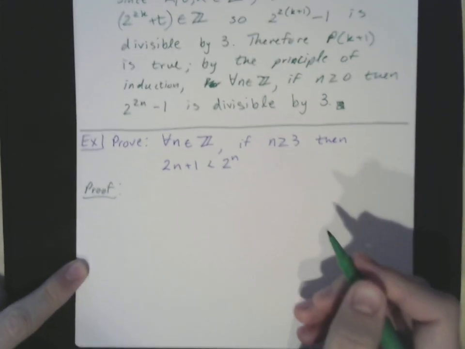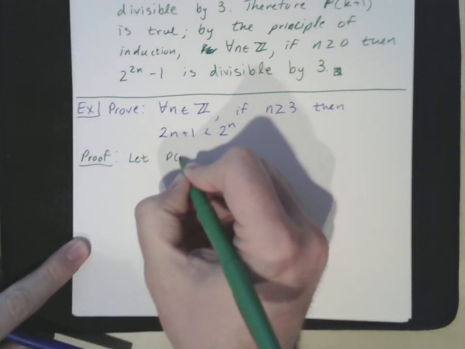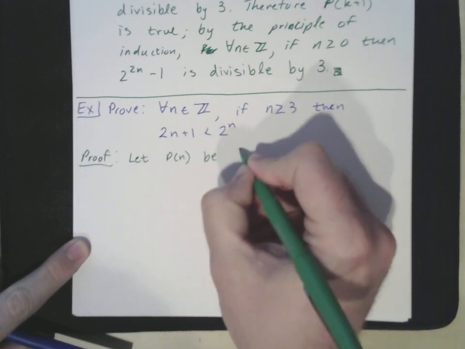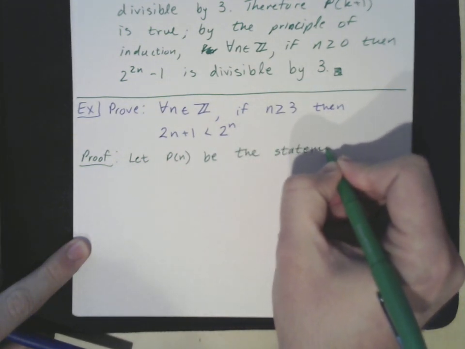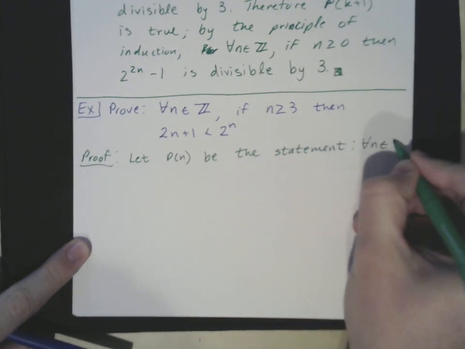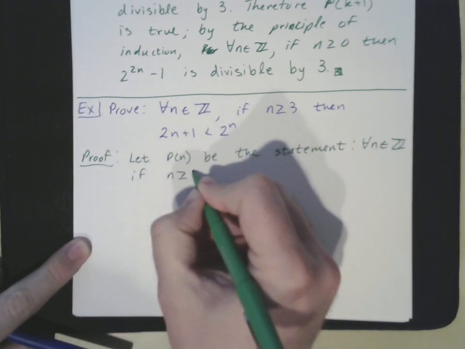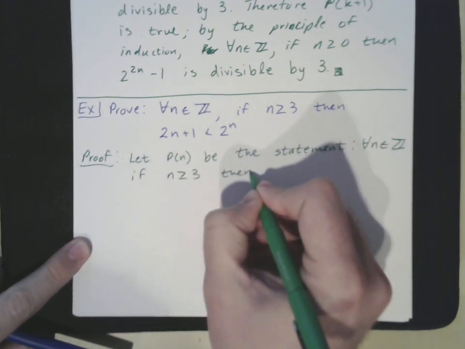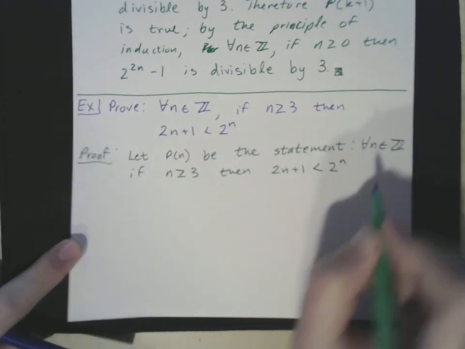So, induction proof, start by defining your p of n. So let p of n be the statement: for all integers n, if n is greater than or equal to 3, then 2n plus 1 is less than 2 to the n.